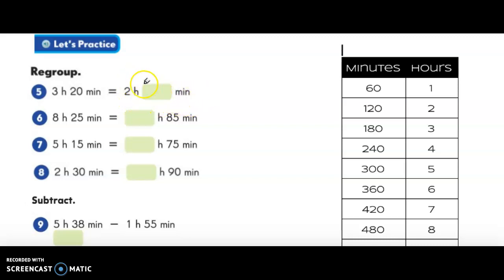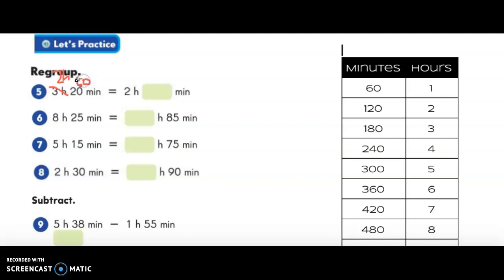So what they're showing us is that both sides of this equation are equal to each other. So we need to think, how are we going to make 3 hours and 20 minutes equal to something that only has 2 hours? And that is through regrouping that we've been practicing. So taking that hour away to then be left with 2 hours, and then adding that hour in minutes to the minutes we already have.